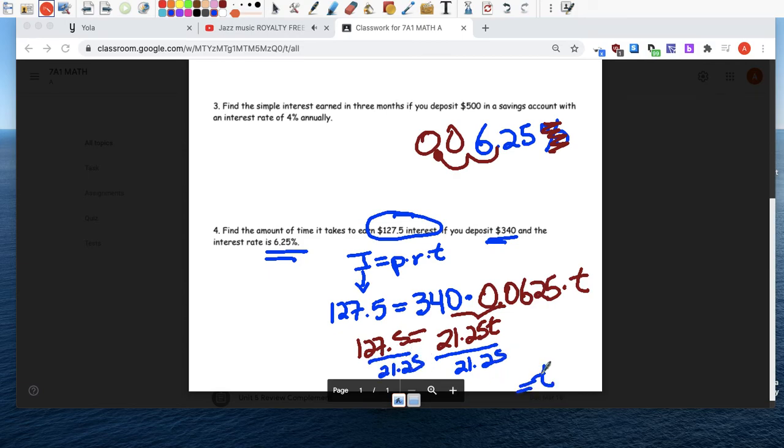T equals el tiempo. So divide 127.5 divided by 21.25. Te sale 6. So how much time? ¿Cuánto tiempo tenemos que dejar el dinero en el banco? How many years? 6 years.